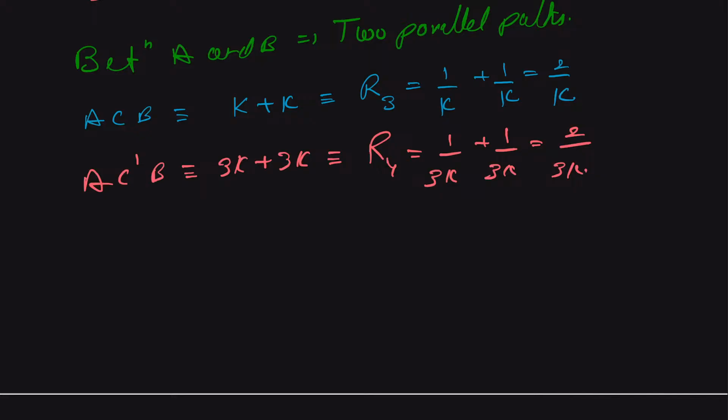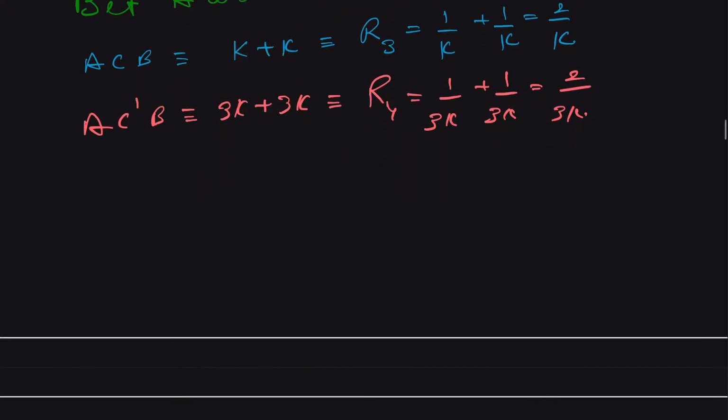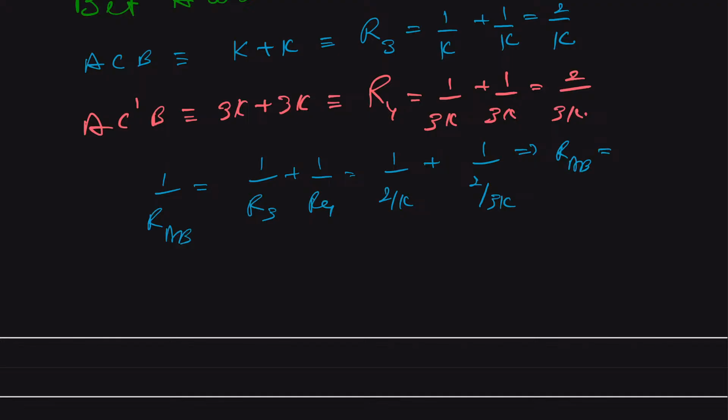Now they are in parallel, therefore we can write 1 upon RAB will be equal to 1 upon R3 plus 1 upon R4. So we get this as 1 upon 2 upon K plus 1 upon 2 upon 3K. So this gives us that our RAB will be equal to 1 upon 2K.